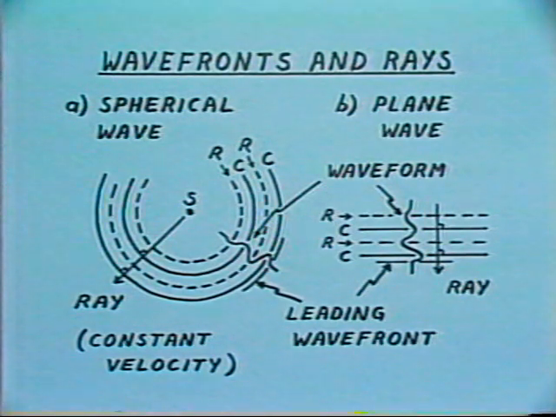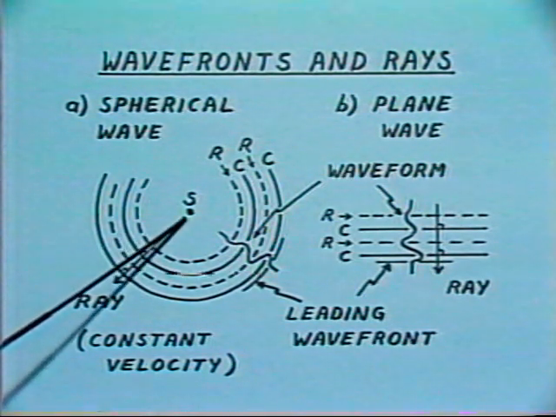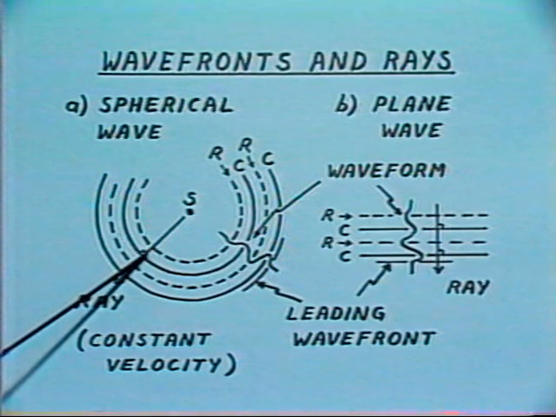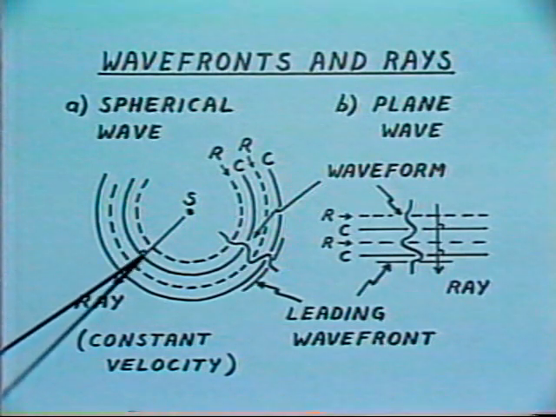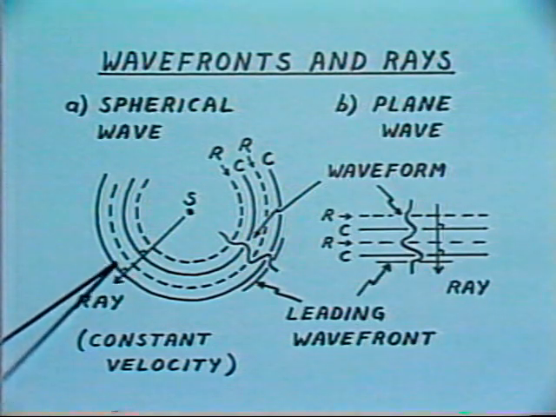Now, in dealing with the theory of seismic reflections, we very often deal with things called rays rather than with wavefronts. And a ray of seismic energy is simply the energy which travels along a line which is perpendicular at all points along its path to the wavefronts.